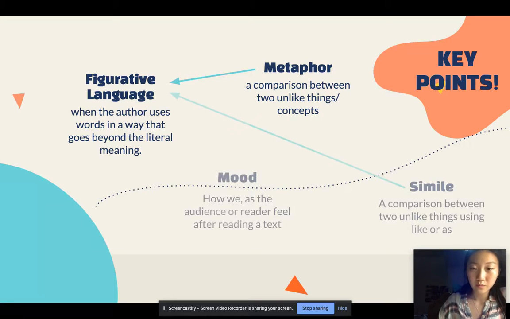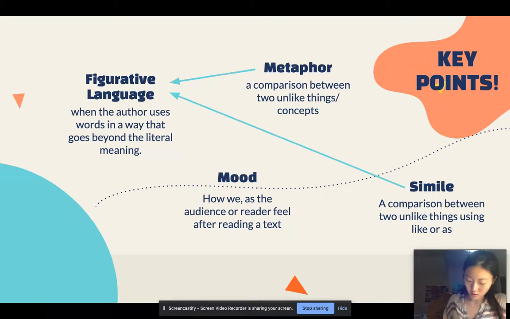Okay? And then our next word, which is also a form of figurative language, so we're going to draw another arrow coming down from figurative language and write simile. Be careful about the spelling for this one. I always mess this one up. Simile only has two i's. So, a comparison between two unlike things using the word like or as. Okay, and these two are different, and we're going to give some examples to clarify that, but just write the definition down for now.